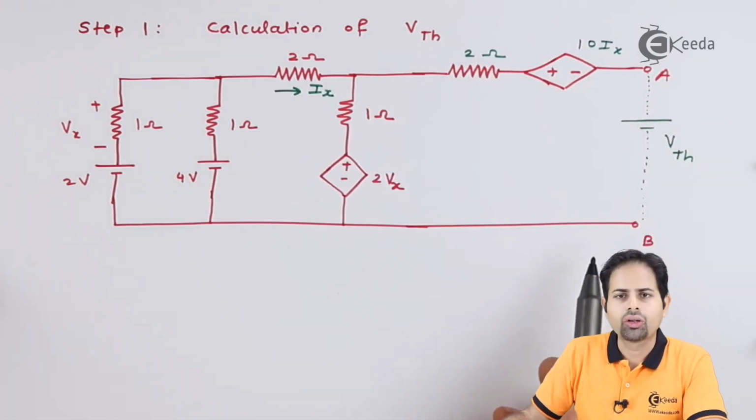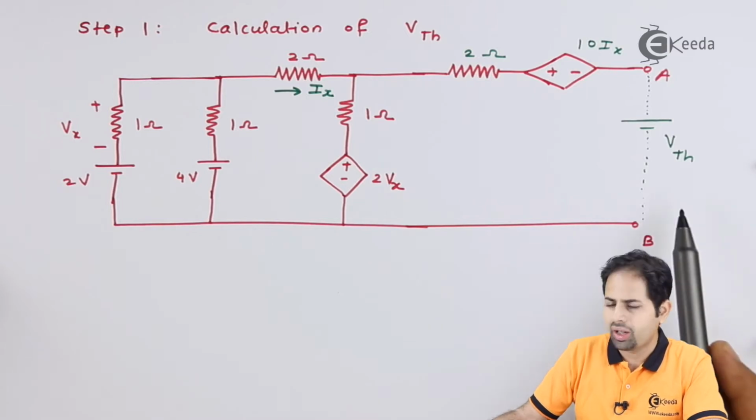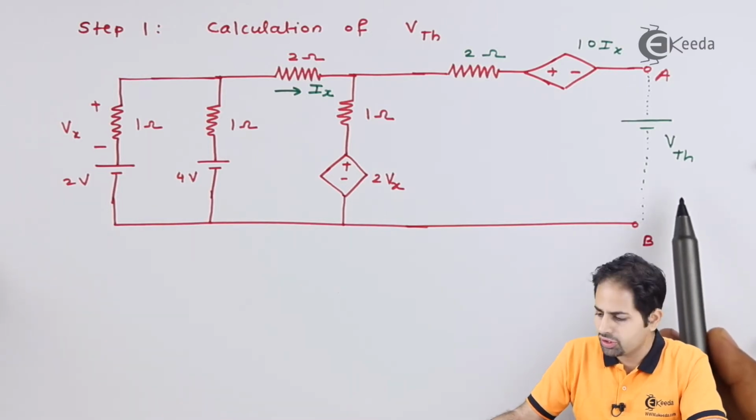So here I have drawn the equivalent circuit to calculate VTH, that is Thevenin's equivalent voltage.